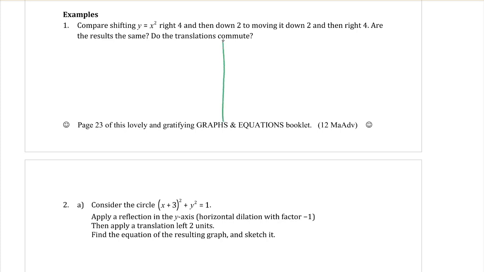The first one we need to do, we're starting with y equals x squared, and we're asked to shift to the right 4 spaces. Okay, that means if we're going to do this algebraically, I'm going to replace, you guys should tell me, what am I replacing?